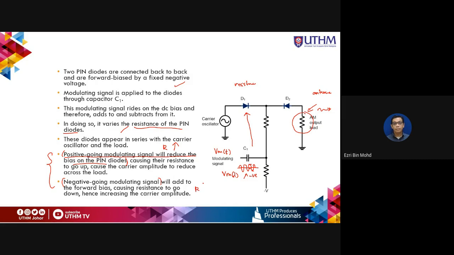So R, the resistance value of the pin diode, will decrease, and then the carrier amplitude increases. So here the amplification is low, and here the amplification is high. Sorry, it's high, and then here the amplification is low.